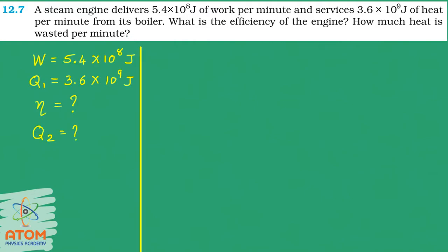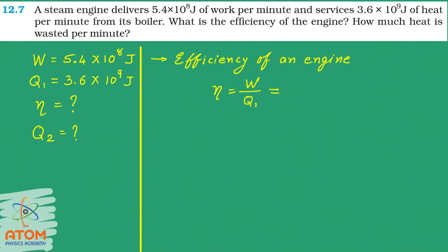First of all, let me put down all the values given. The work is given, W is equal to 5.4 into 10 raised to 8 joule. The heat absorbed from the hot reservoir is 3.6 into 10 raised to 9 joule. We have to find the efficiency eta, as well as the heat released in the cold reservoir, that is Q2. Now that's simple. First of all, efficiency of an engine, that is eta, you know it is given by W upon Q1.